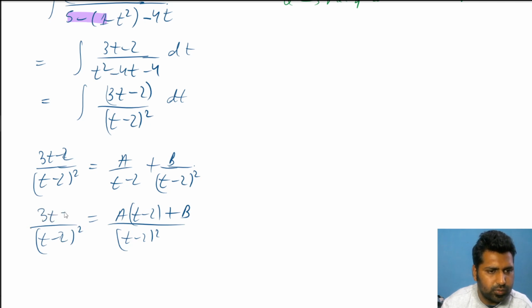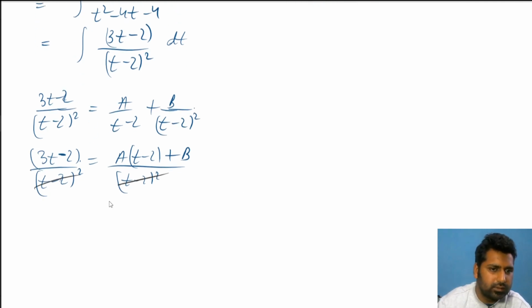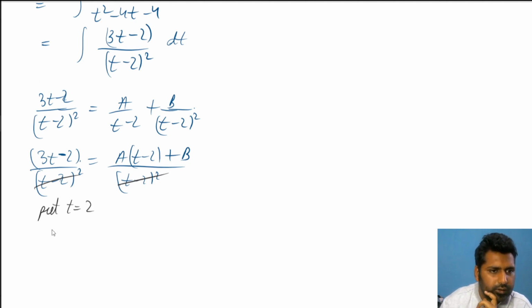3t minus 2 equals that; this cancels (t minus 2), (t minus 2). Now put t as 2. It will generate 0. So 3 into 2 is 6, minus 2 is 4, equal to b directly, because the a term will be 0.